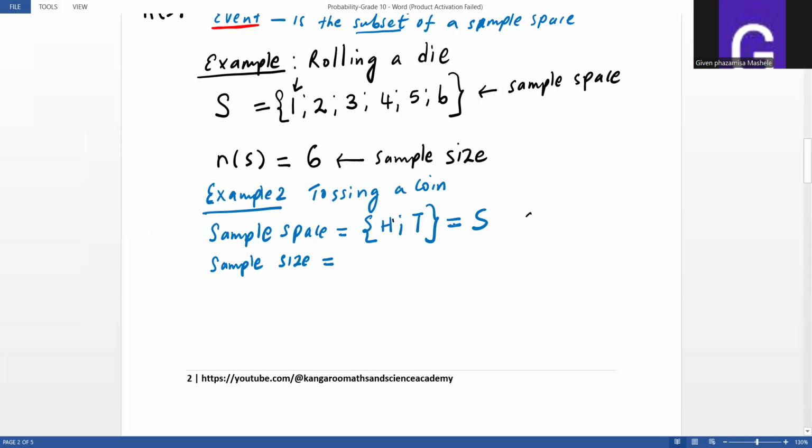So the sample size there will be 2. This is denoted by N of S, which is the sample size. I believe you're following. There are a lot of examples that I can give that will explain the sample space and the sample size.